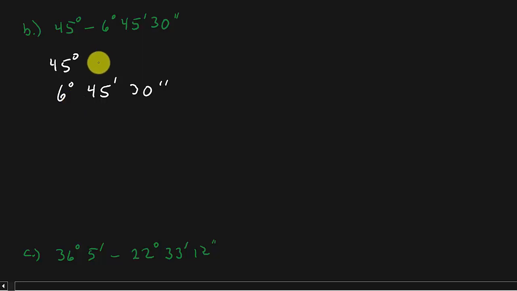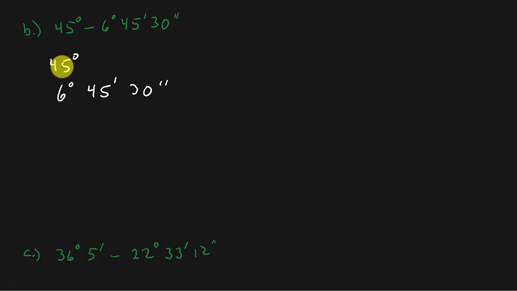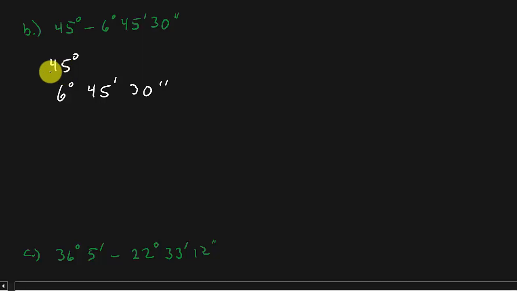But I need something up here in the minutes, and I need something up here in the seconds. So I'm going to have to borrow from the degrees. I'm going to borrow 1 degree. So if I borrow 1 degree, that's going to take that to 44 degrees, right? And if I take that degree and put it over here in the minutes, that's going to be 60 minutes. See that?